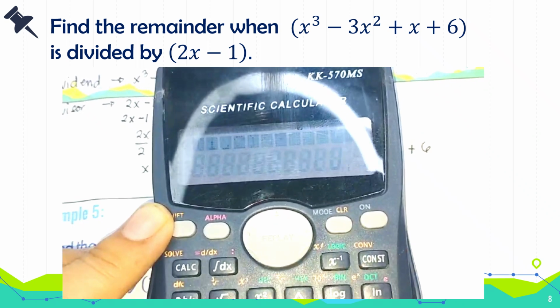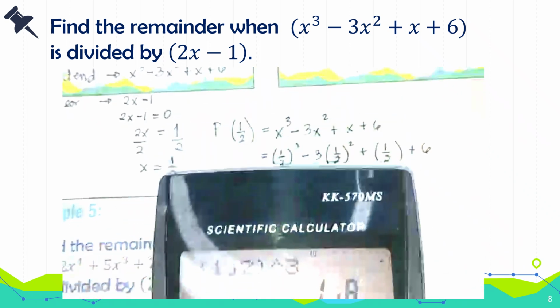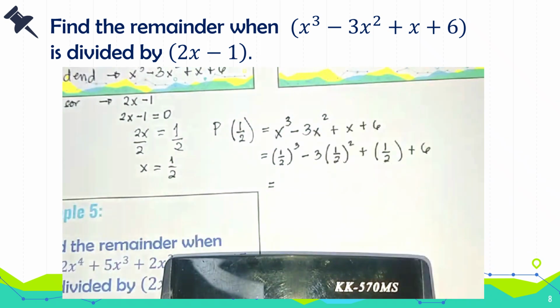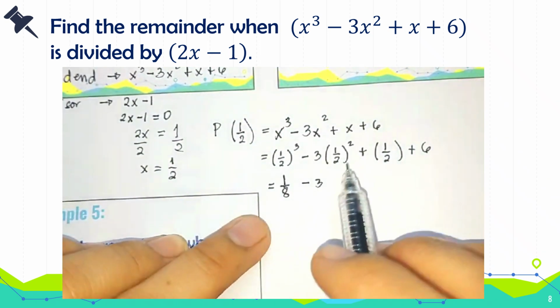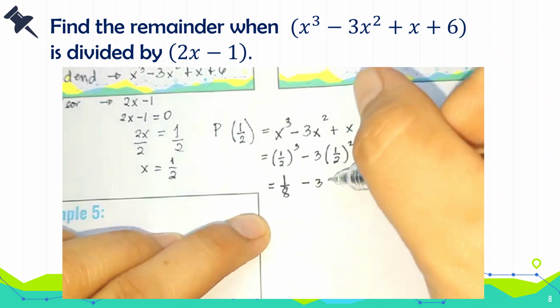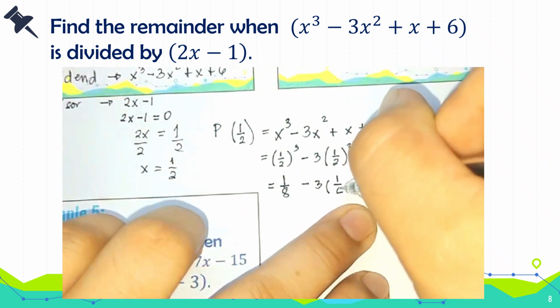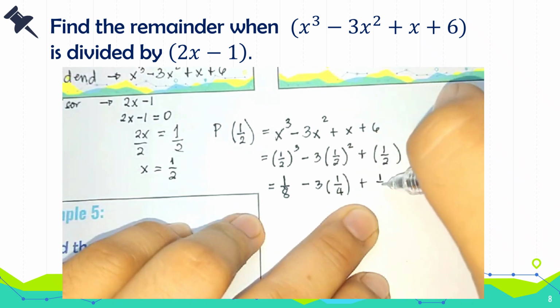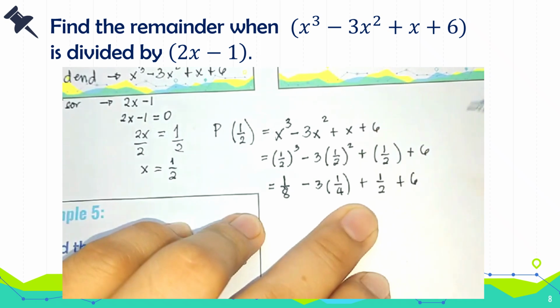This will give us 1/8. So we will write 1/8 for this expression. Continuing, 1/2 raised to the power of 2 will give us 1/4, plus 1/2 plus 6.